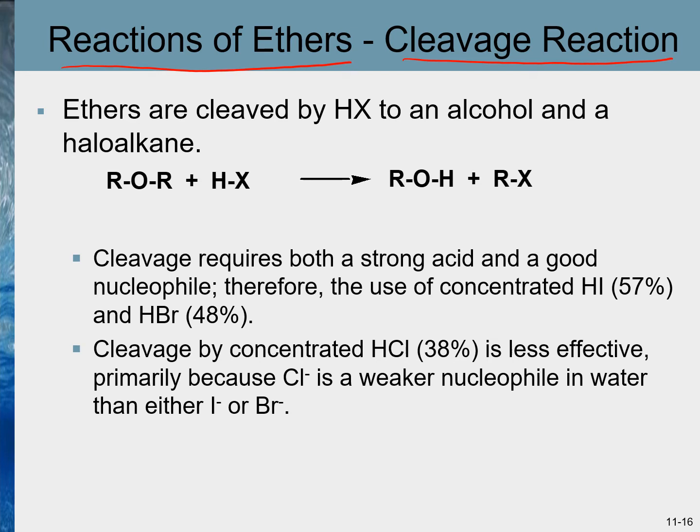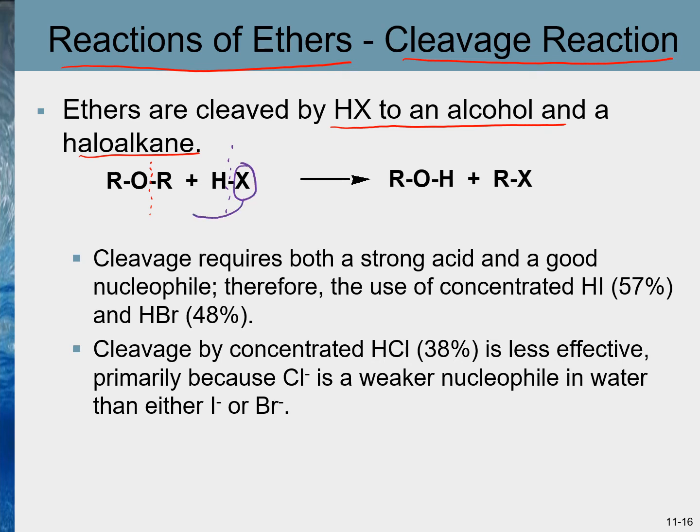Ethers are cleaved by halogen acids to an alcohol and haloalkane. So this reaction is opposite of the synthesis of ethers by SN2 reactions. In this cleavage reaction, the bond between oxygen and one of the alkyl chains will break, and the bond between hydrogen and halogen will break.